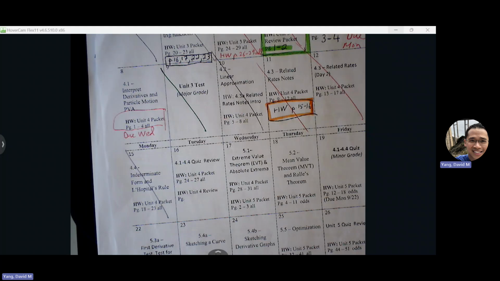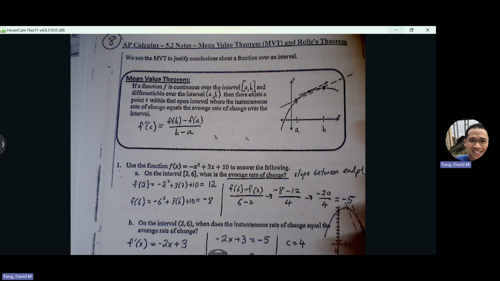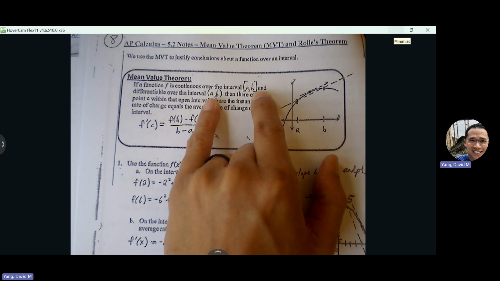So it needs to be differentiable over the interval. The notation is a little bit different. The requirement for the smooth curve is only parentheses, but the need for continuity is always with brackets. So continuity is always with brackets, but if you see anything with differentiable, it's going to be with parentheses. That's just a subtle thing to make note of.